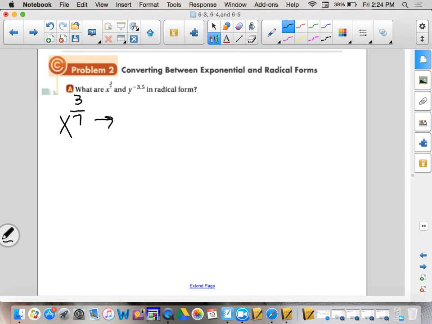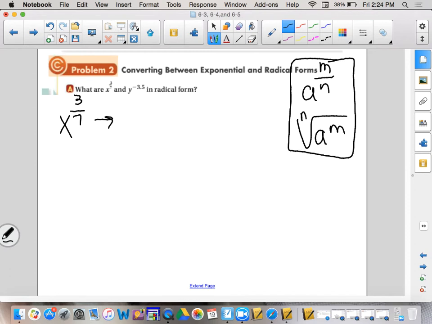Well, I know, because I've memorized it now, that's how my forms are written. So if I'm following this over there, what is this going to look like when I put it into radical form? What's going to go here? Correct. This is my radical form.